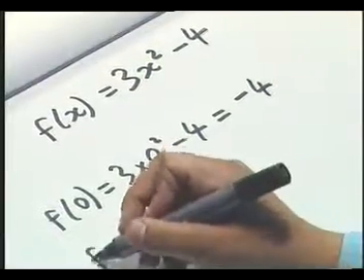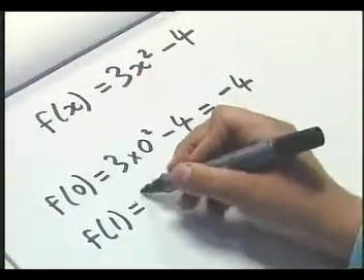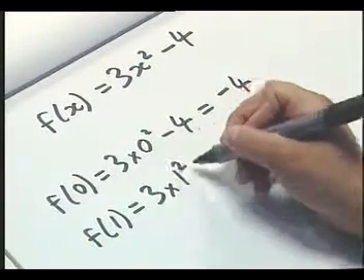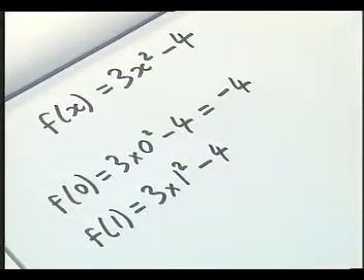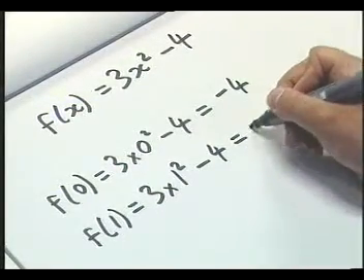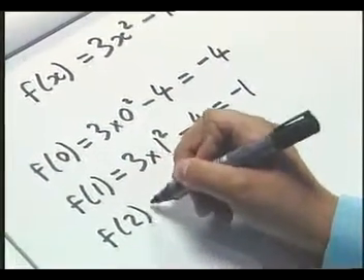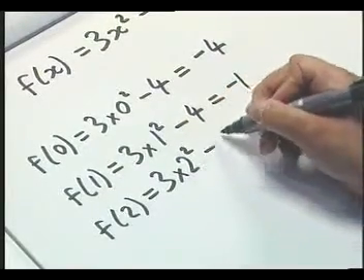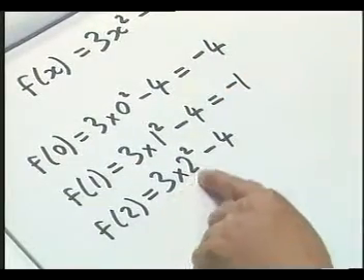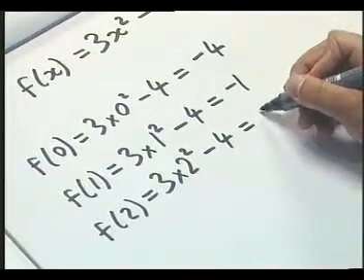If we start off with an argument of 1, we get f of 1 equals 3 times 1 squared, take away 4, which is just 3 take away 4, which gives us minus 1. If we have an argument of 2, f of 2 equals 3 times 2 squared, take away 4, which is 3 times 4, which is 12, take away 4 gives us 8.